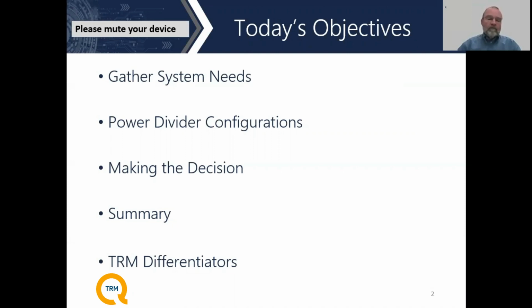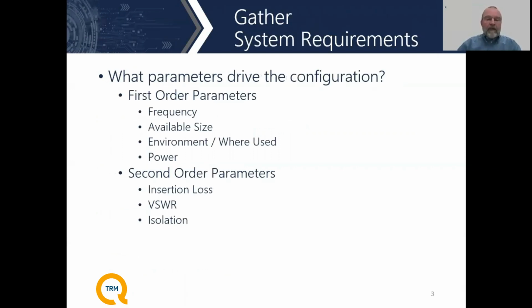Well, thank you. And to get started, I assume we begin by assessing total system requirements. Absolutely. Everything comes down to really what supports the overall system mission, and what does the system need to do in order to fulfill its use. Every system has an important use that needs to get accomplished, and all of the individual pieces work towards delivering those sorts of parameters. So the first thing that you need to do is, well, what frequency does the power divider need to operate over?